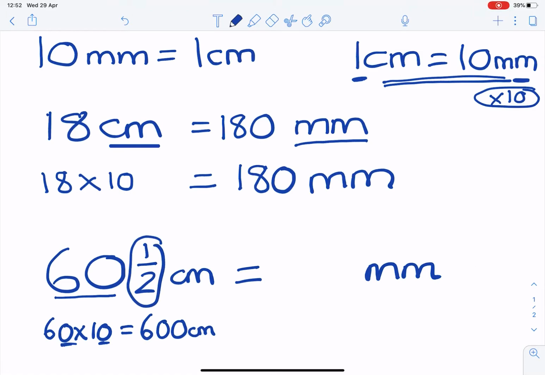Now let's look at the half. What is half a centimeter? Well, if 1 whole centimeter is the same as 10 millimeters, then half of 10 millimeters is 5 millimeters, because half of 10 is 5. So we know that our half a centimeter is equal to 5 millimeters. Sorry, I made a mistake here.